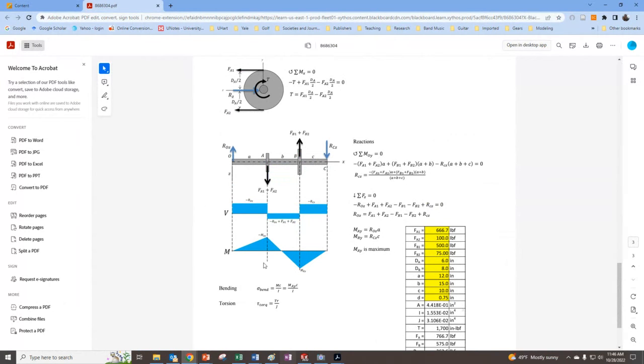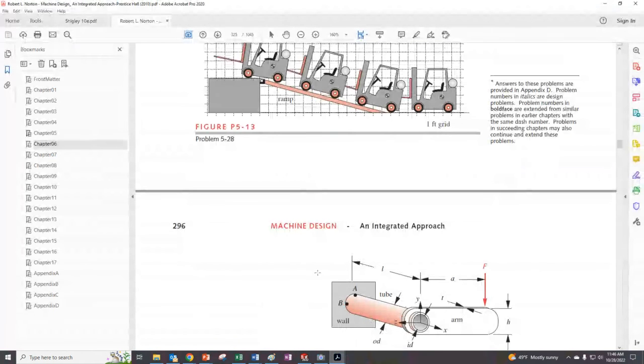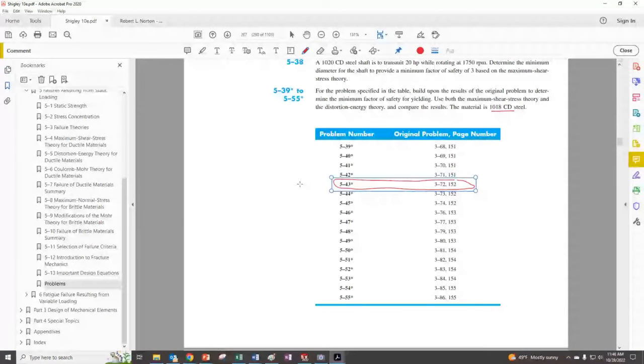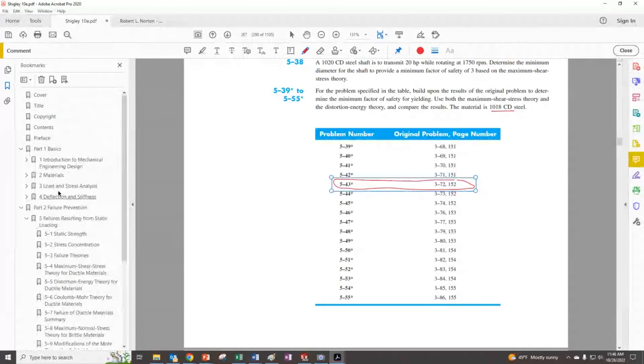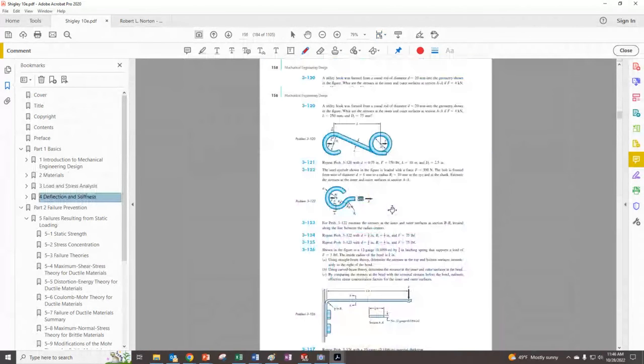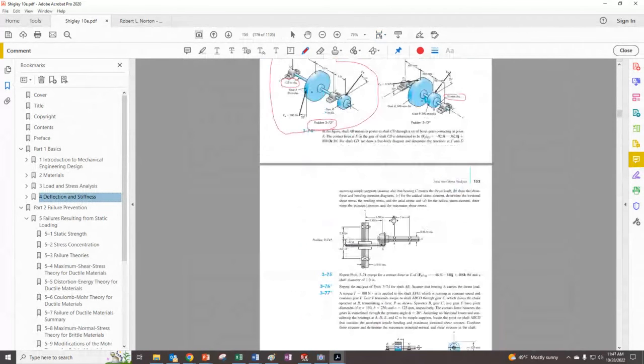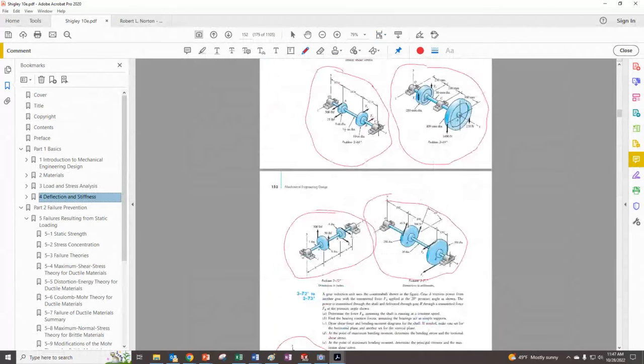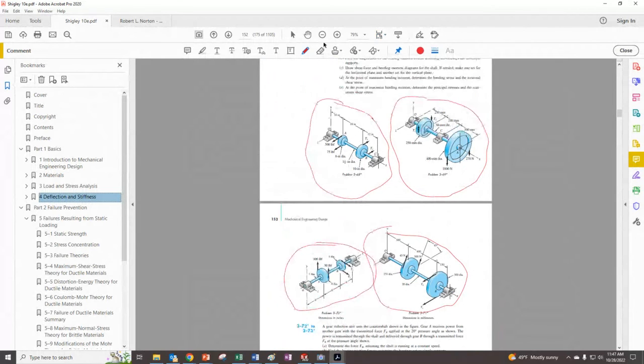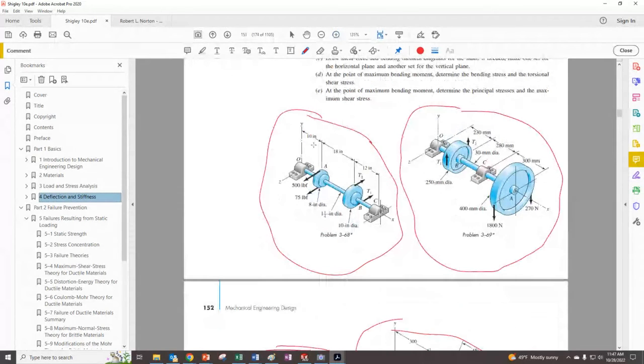I think this problem was very, very similar to, and we're going to go back to chapter 3 stuff, very similar to this problem right here. In fact, I seem to recall saying I'm just going to use this problem, but give you more information on it.